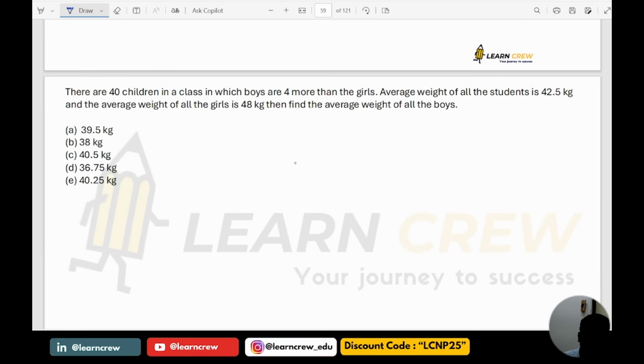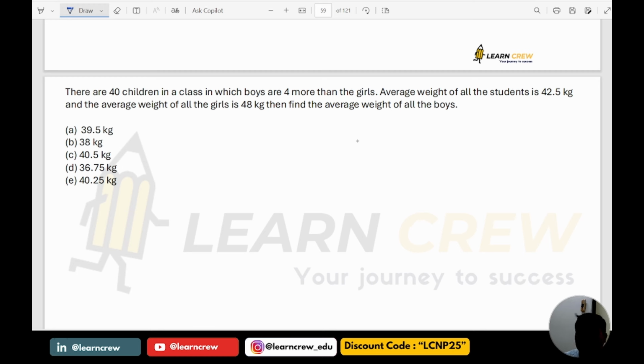There are 40 children in a class in which boys are 4 more than girls. The average weight of all the students is 42.5 kg, and the average weight of all the girls is 48 kg. Find the average weight of all the boys.